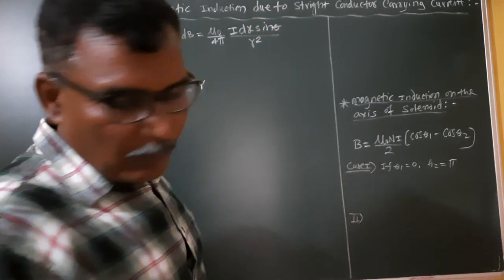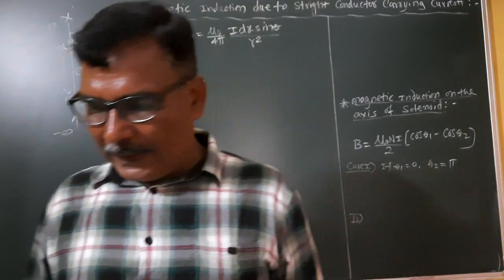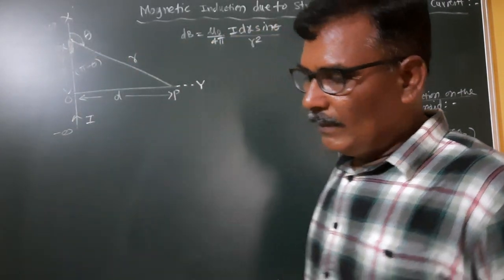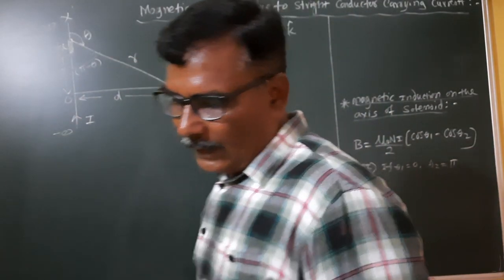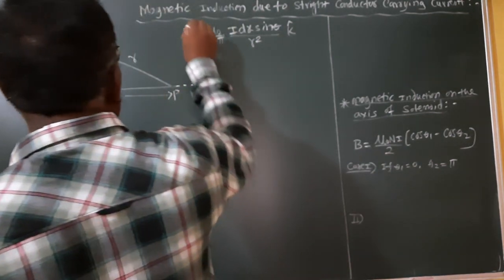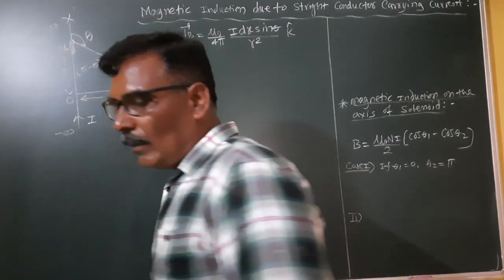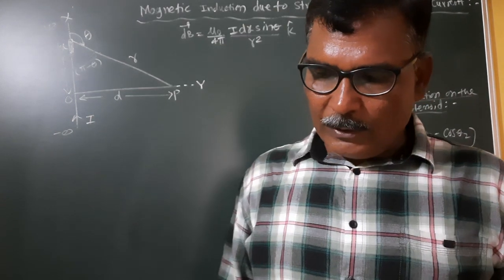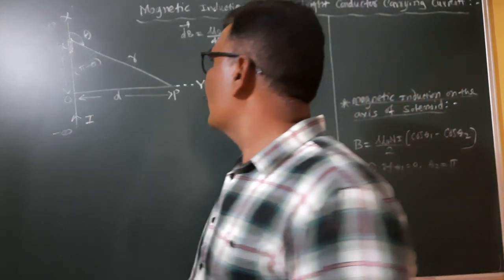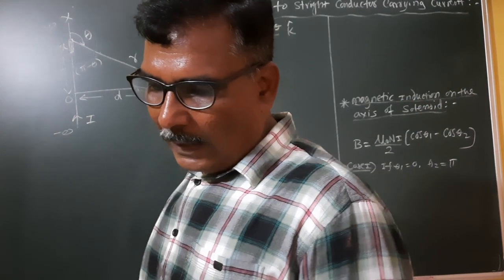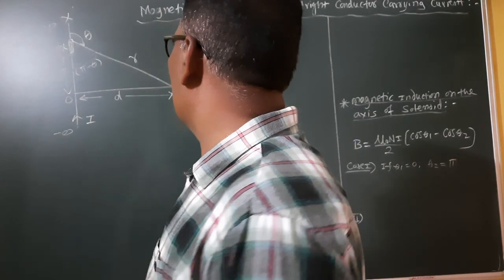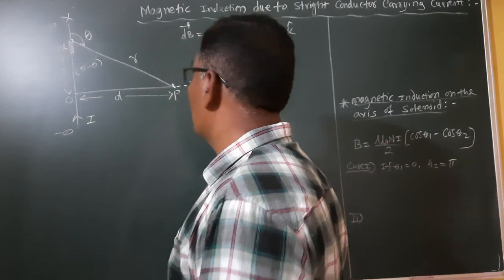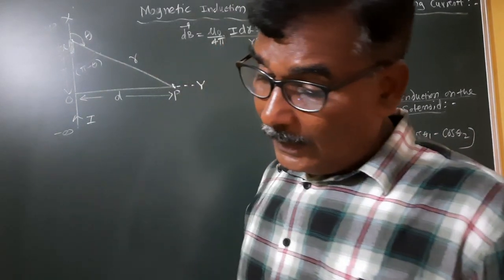We write I dx sin of theta divided by r square into k cap, where k cap is the unit normal vector, and this is dB bar in vector form. So k cap is the unit vector along dB bar at point P.